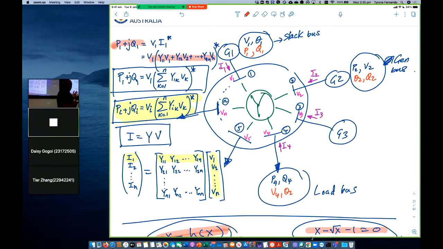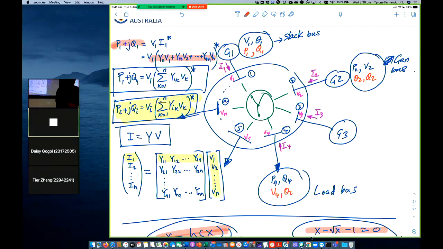Then I like to think of loads as something external connecting to the network. So you have P4, Q4 external connecting to the network. You have a generator G3 external connecting to the network, and the same with generator G2, connecting to node 2.